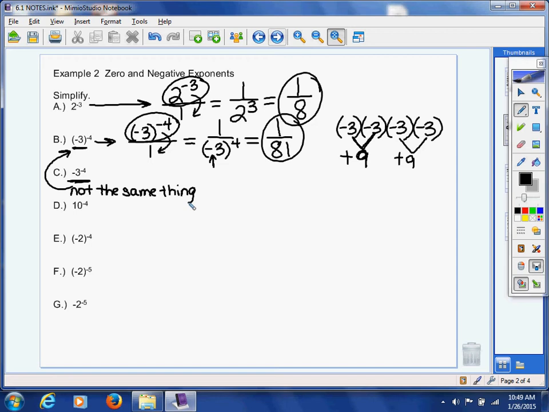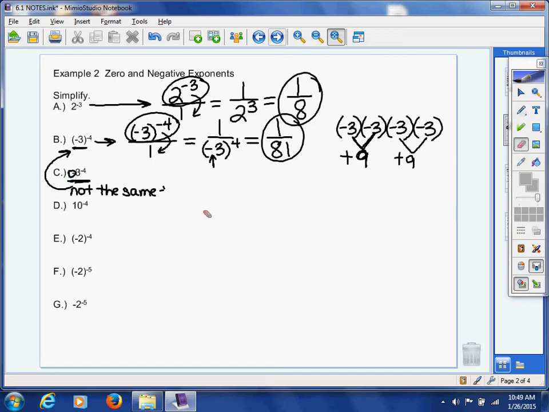What it says is the opposite of 3 raised to the -4th power. So that negative sign right there, and I'll try and circle that, my pen is a little blobby there, but that negative sign has nothing to do with the -4 power that's there. The only way to include it is if there were parentheses around that -3, and there's not.